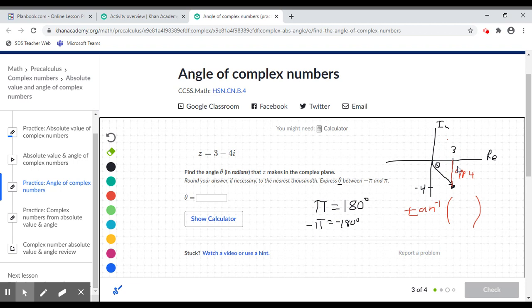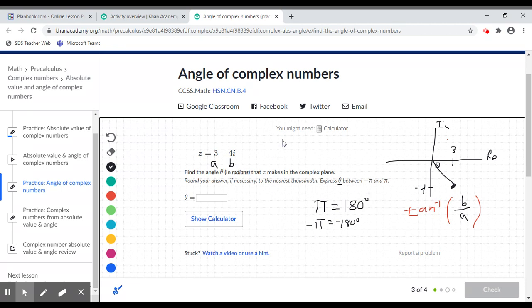So the proper way to do it with complex numbers is to always use the inverse tangent. Let me fix this real quick. So we're going to use the inverse tangent of B over A.